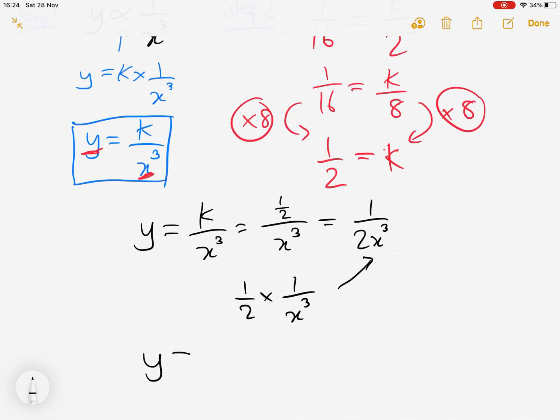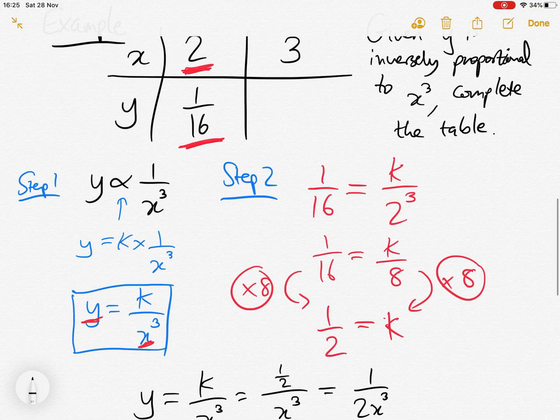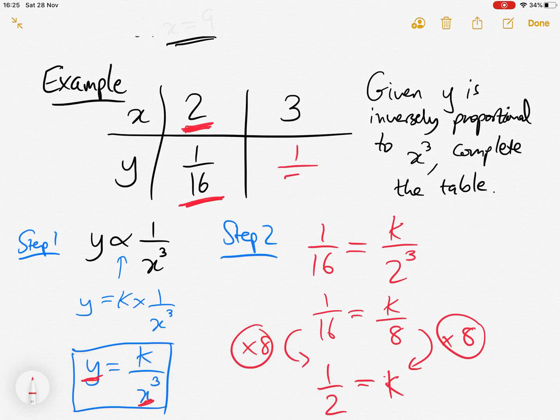So we can say, when x is 3, y is equal to 1 over 2 times 3 cubed. And remember from BIDMAS, it's only the 3 that's being cubed. So this is 1 over 2 times 27, which is 1 over 54. So the answer, the missing number that goes in the table where there's a gap, is 1 over 54.